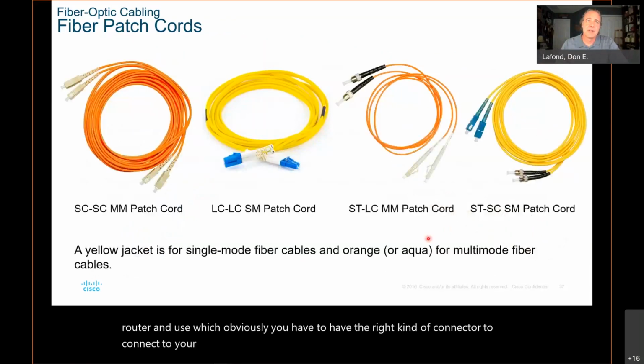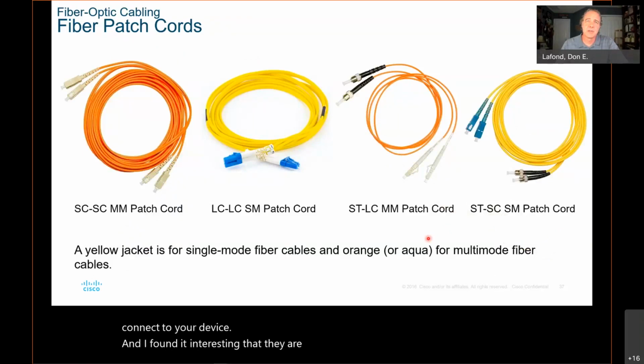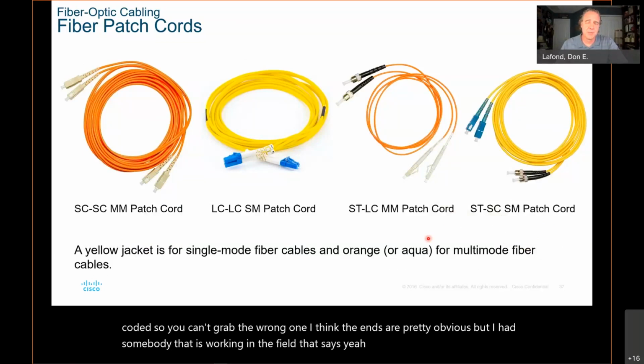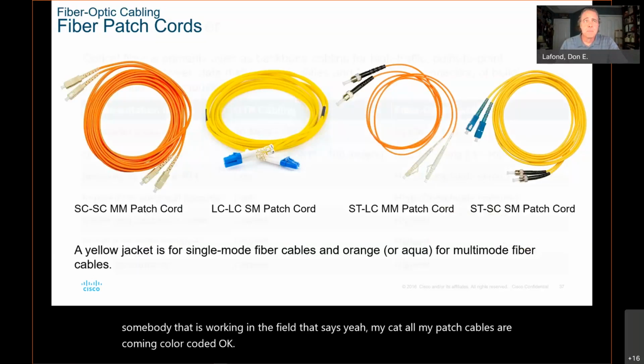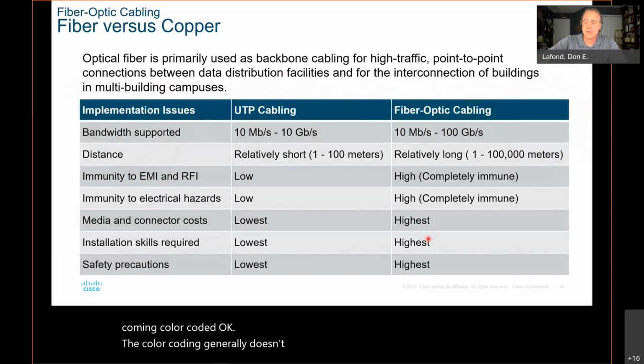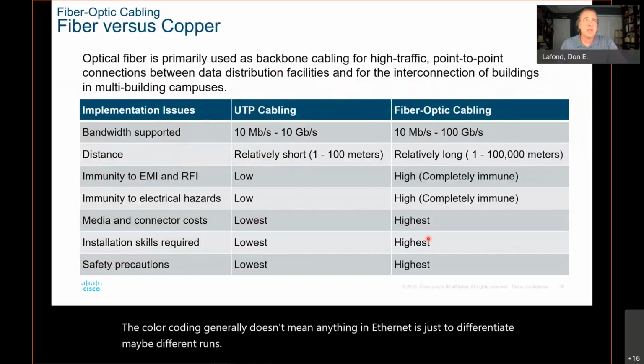And I found it interesting that the patch cords are actually color coded, so you can't grab the wrong one. I think the ends are pretty obvious, but I had somebody that was working in the field say, "Oh yeah, all my patch cables are color coded." Okay. The color coding generally doesn't mean anything in Ethernet. It's just to differentiate maybe different runs, generally speaking.